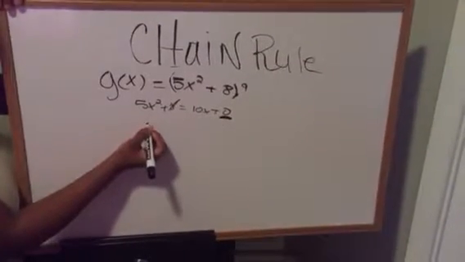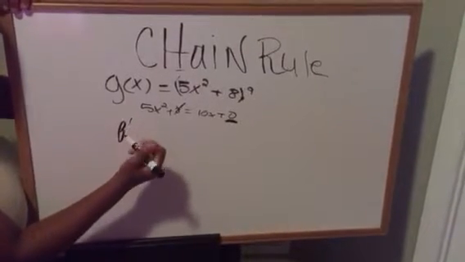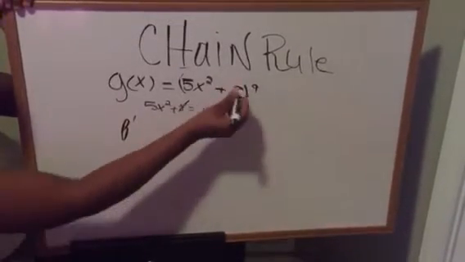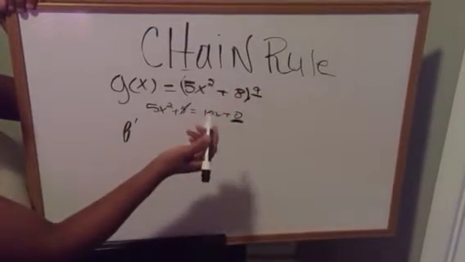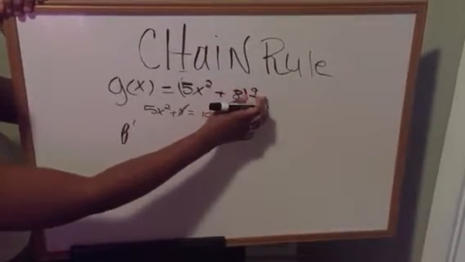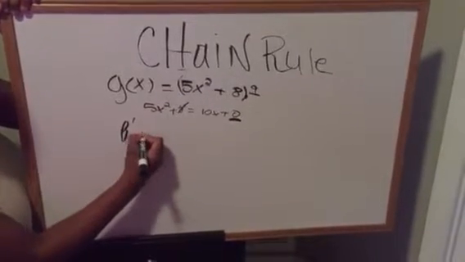So once we do that, we take the derivative of the outside. So we have 9 in the exponent, and the power rule says that you take this number right here and multiply it by the number in the front, which is 1.